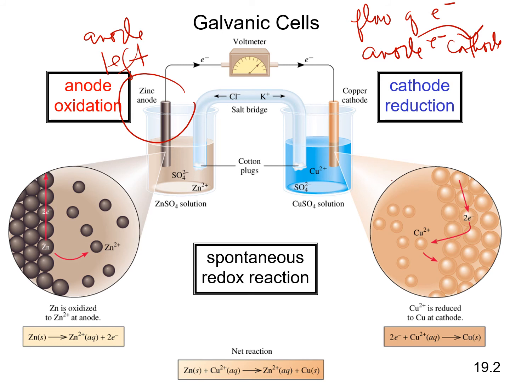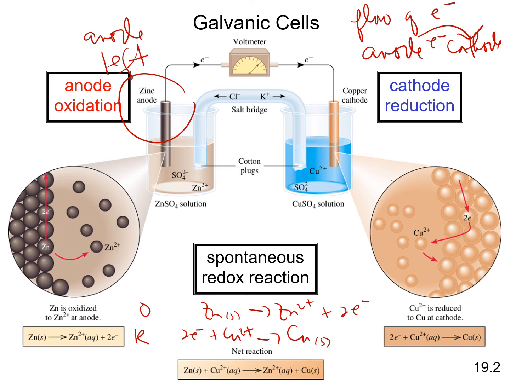So the net reaction is zinc plus copper 2 plus forming zinc 2 plus and copper solid. So what you'll do when you write the net reaction, just add the two equations. So this is our oxidation, zinc solid forming zinc 2 plus and 2 electrons, and then our reduction, we have 2 electrons plus copper 2 plus forming copper solid.